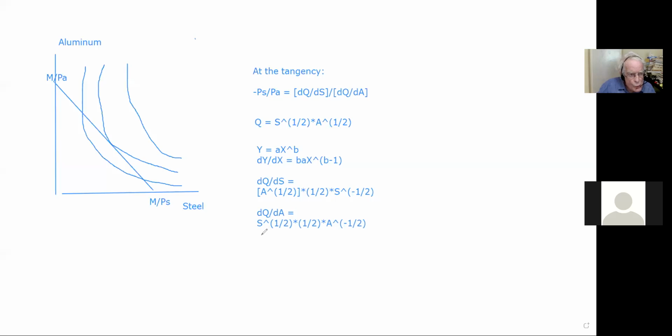Yes, that's correct. So at the tangency, the price ratio is equal to the marginal product ratio. I should have a minus sign right here.